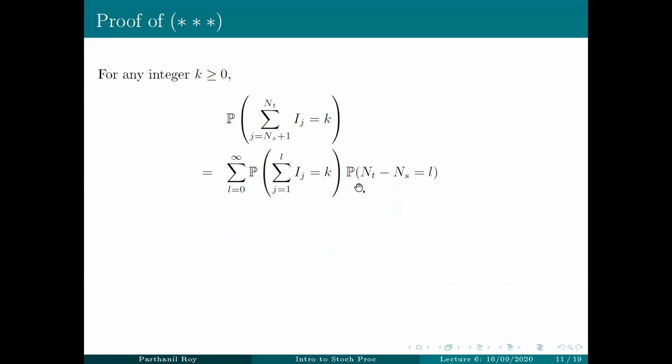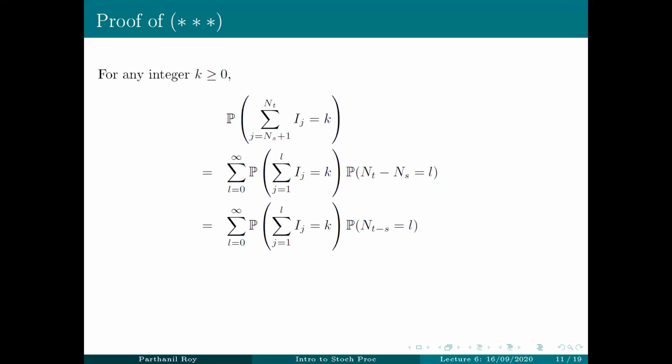Okay, now it's time to use the equality of distribution of N_t minus N_s with N of t minus s, namely to use the stationarity of increments of the process N_t. So that will give me that this probability here is equal to the same probability, except that I replace N_t minus N_s by N of t minus s. So I'm using the stationarity of the increments.